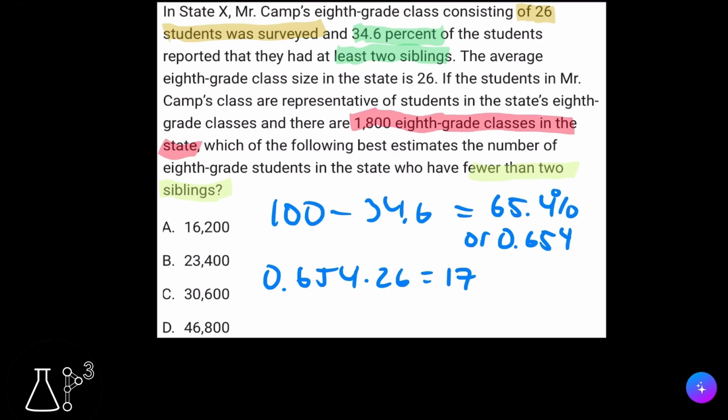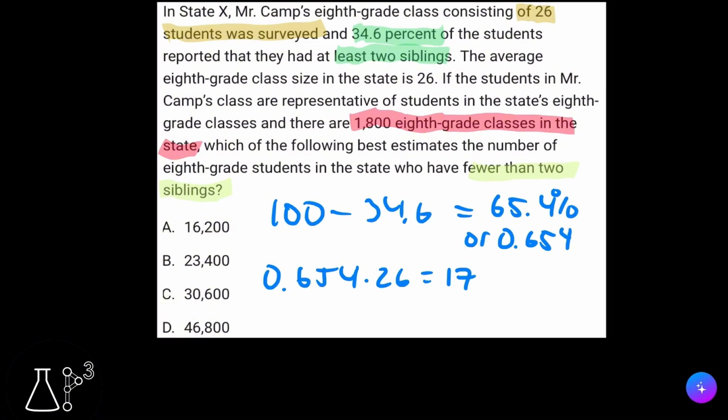So what can I do with the 17? Well, if every single class in the state has an average size of 26, I can make a generalization that every single classroom in State X is going to have 17 students that have fewer than 2 siblings. So I can multiply that by 1,800 to figure out how many 8th graders have fewer than 2 siblings.